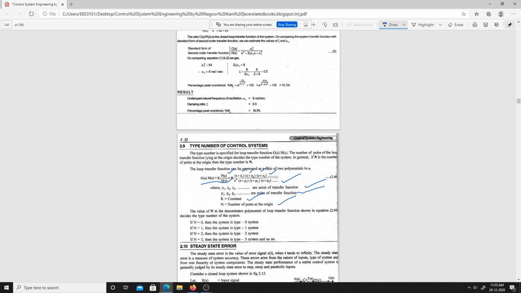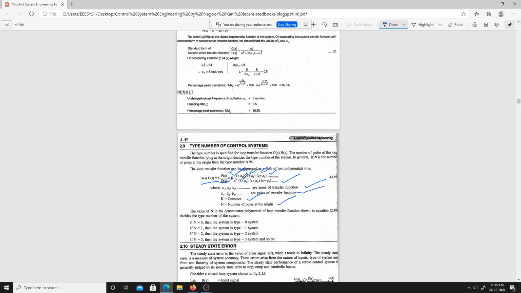So what I did here is take the nth order differential equation and write it in factorized form, where z1, z2, z3 are the zeros, p1, p2, p3 are the poles, and K is a constant. And what about this s power n? This n is nothing but the number of poles at the origin.